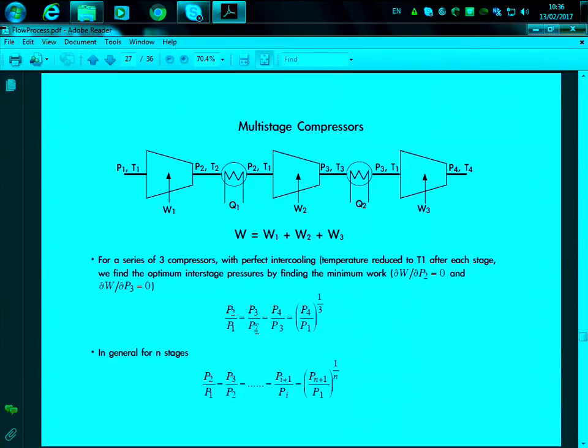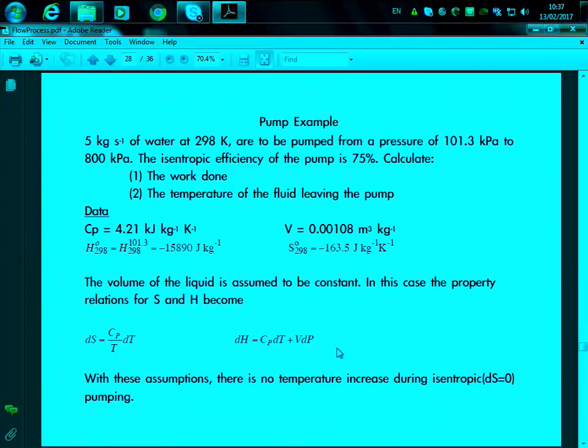Okay, so finally we have seen how to calculate the system for a compressor and an expander. Compressors and expanders are normally for gases. So let's now have a look at the pump example, how we obtain the work that is needed to pump a liquid.